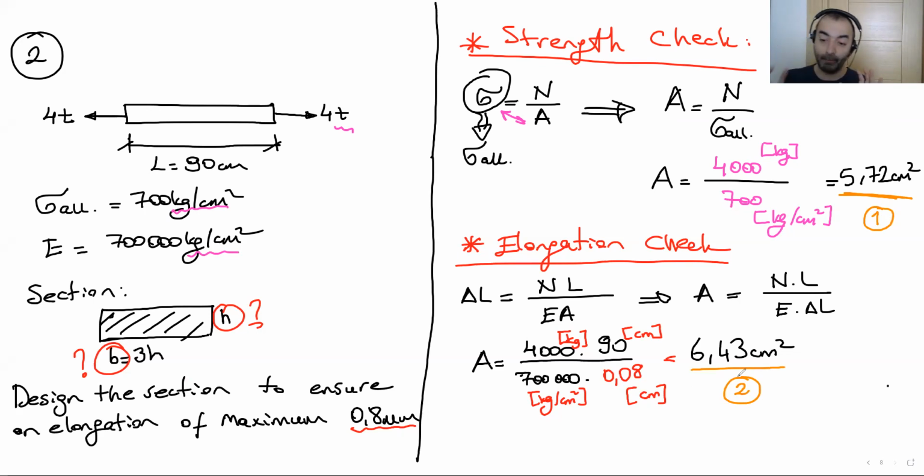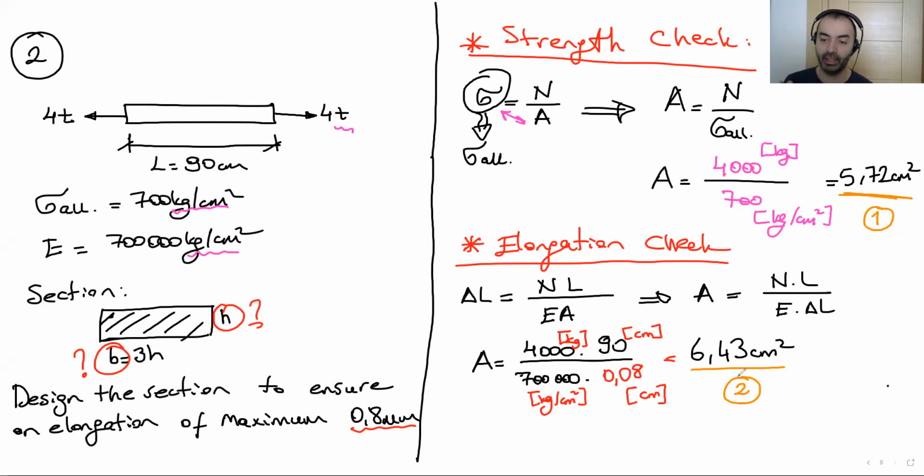Okay, if we put an area less than this, less than 6.4, for example, if we put the first area 5.72, we can't limit the elongation at 0.8 millimeter.